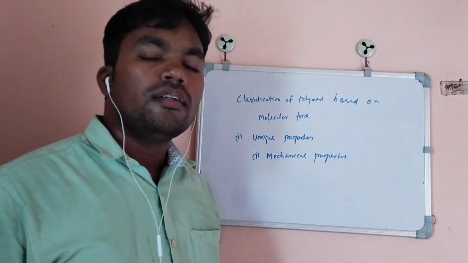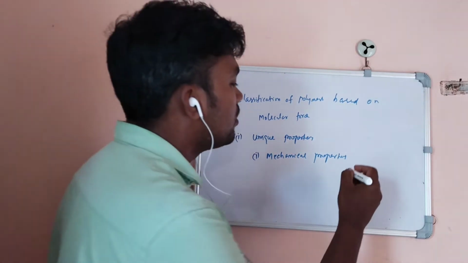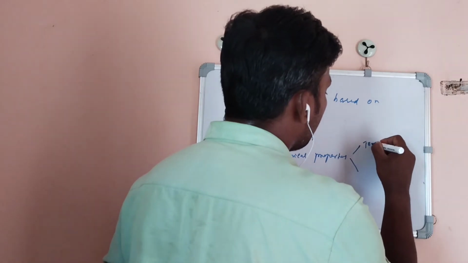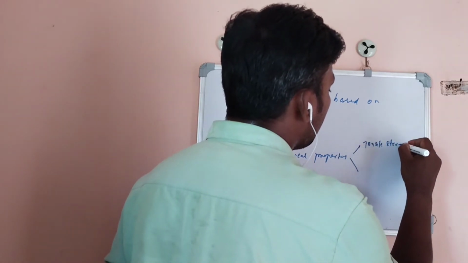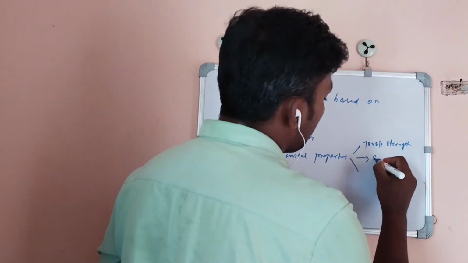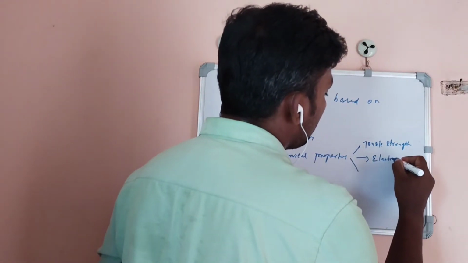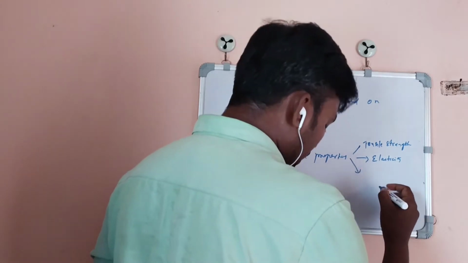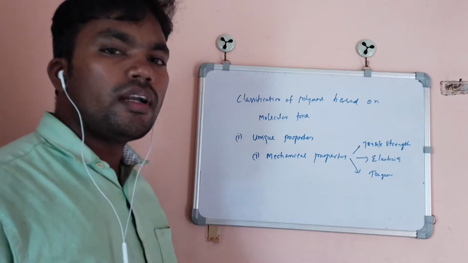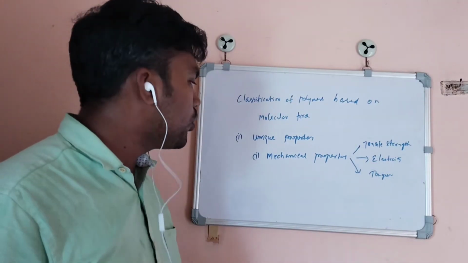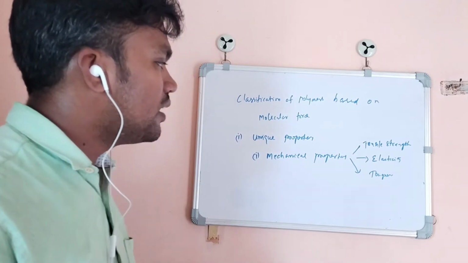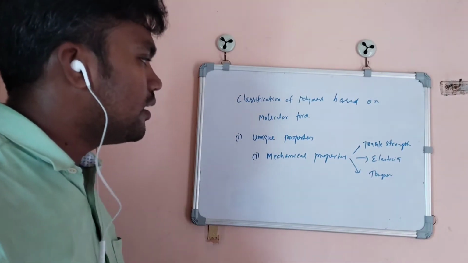When you look at the mechanical properties, you must know some other properties like tensile strength, elasticity, and toughness. The usage of the polymers in the industries mainly depends on their unique properties. For example, mechanical properties: tensile strength, elasticity, and toughness.